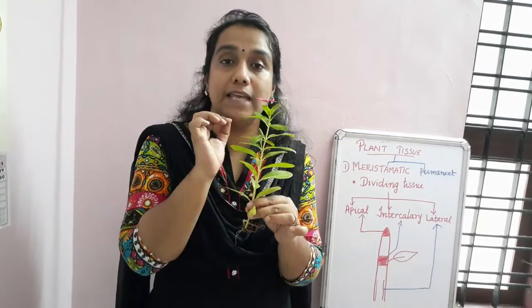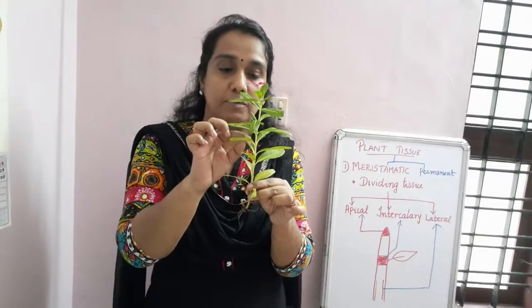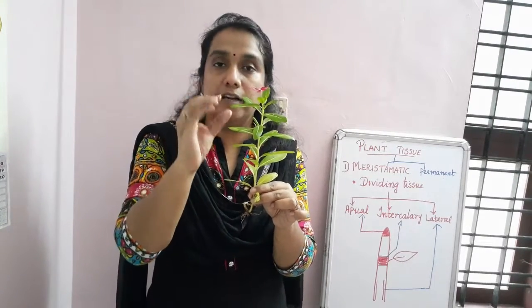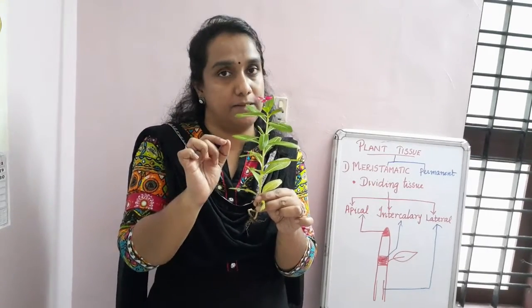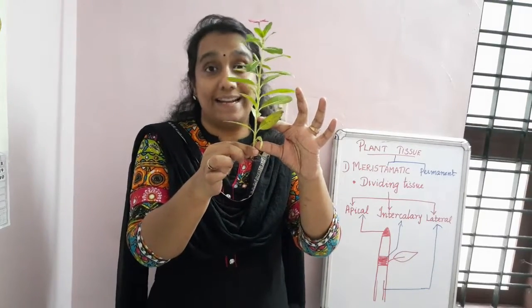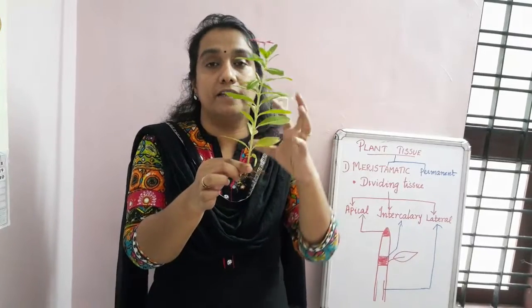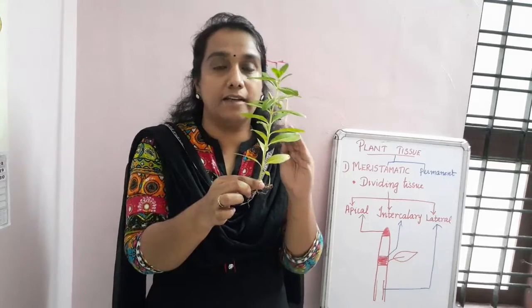Then in between, below the leaves and also between one leaf to the next leaf, that is known as the internode, there also we can see meristem, that is known as the intercalary meristem. Then below this part, this is known as the lateral meristem. It will increase the thickness of the plant.